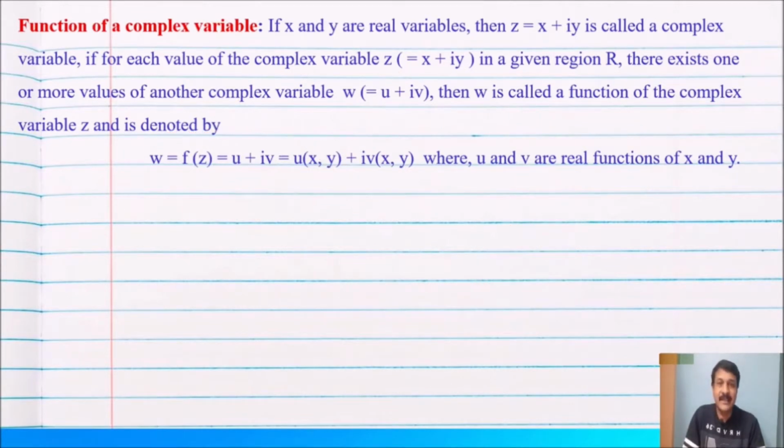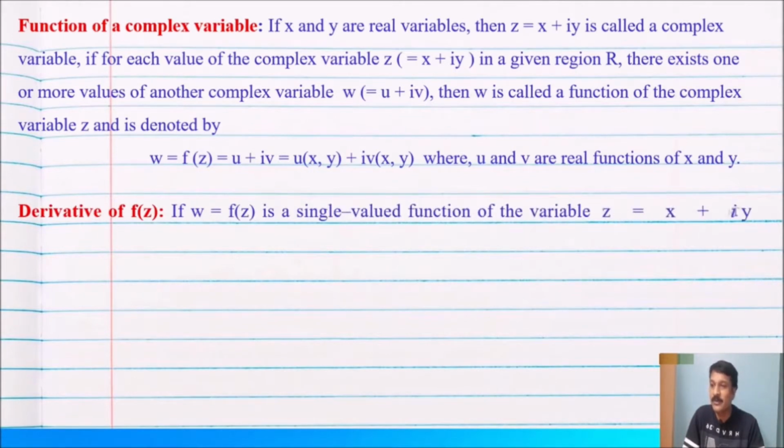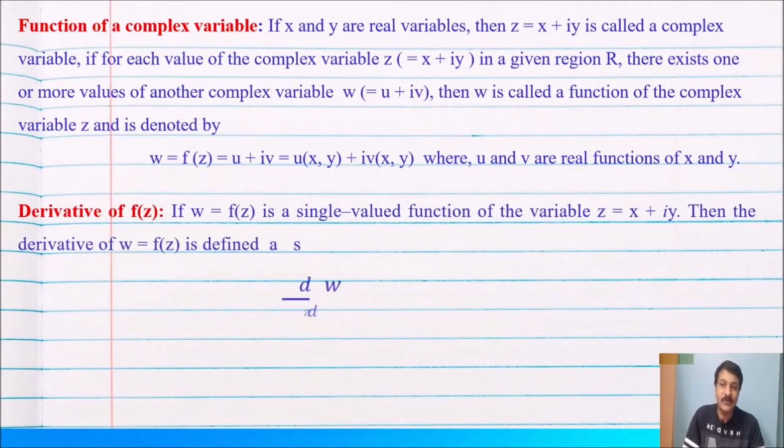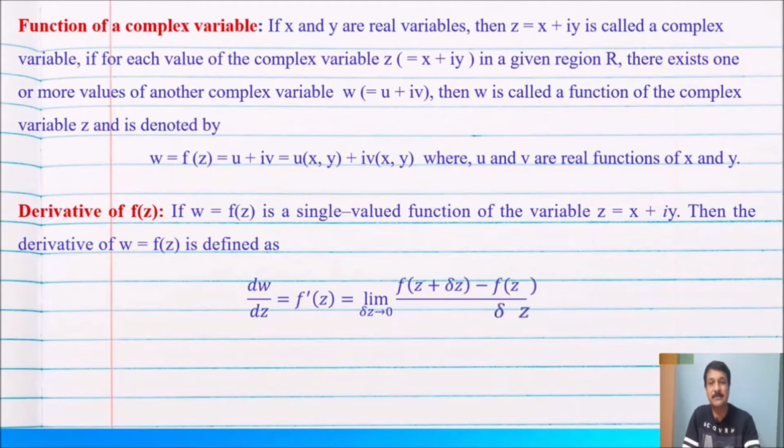Now just like a real number, we can define the derivative of a complex number: if w equal to f of z is a single valued function of the variable z equal to x plus iy, then the derivative of w equal to f of z is defined as dw by dz equal to f dash of z, and that is the limit as delta z tends to 0 of f of z plus delta z minus f of z upon delta z.